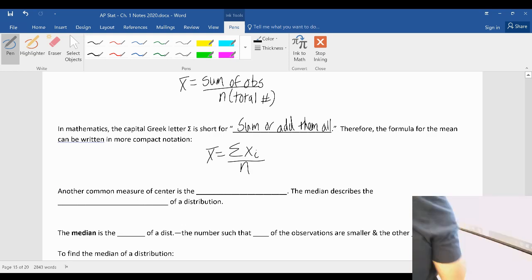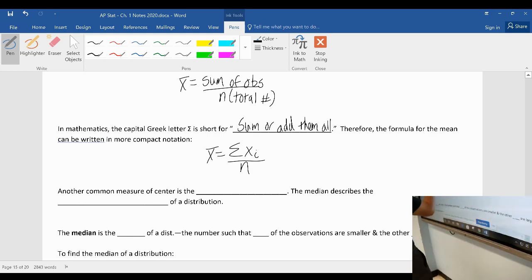Another common measure of center, and these are measures of center that we're discussing here, is the median. I'm sure most, if not all of you already know, that the median describes the midpoint, or the middle value in a distribution. So we have mean, which is our average, and then we have the median, which is our middle value.